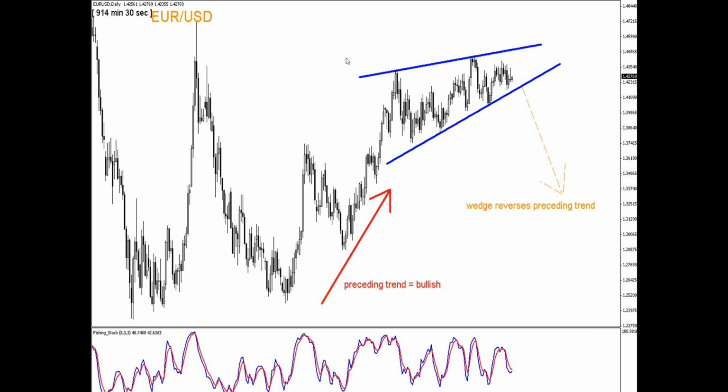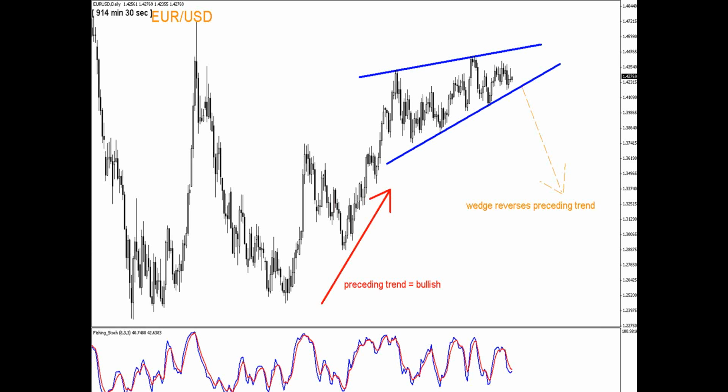After the breakout, you see how the wedge reverses the preceding trend. It was a bullish trend and the wedge was reversing the preceding trend. And after the breakout of the lower trend line and retest, the price should go down. So this is a great example of a wedge pattern and how it can be traded.